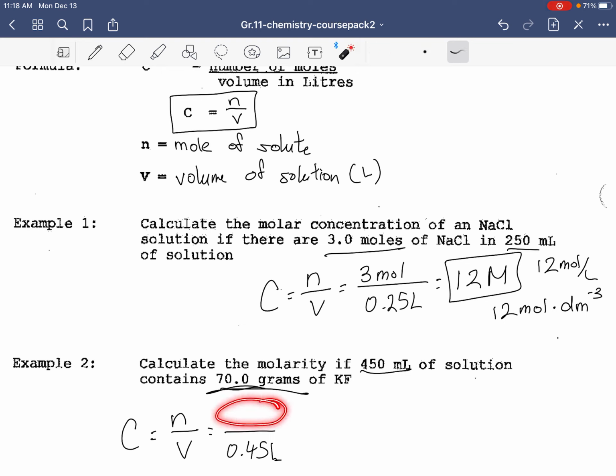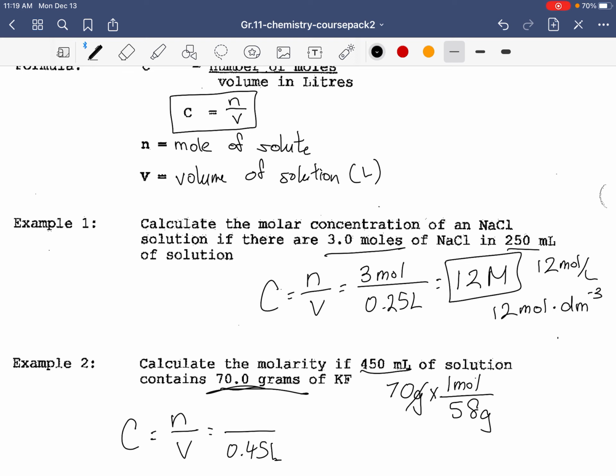This is moles. Which means I'm not going to put 70 here, am I? No, man, that will be ridiculous. I'm going to have to somehow change 70 to moles. How? I remember somebody told me something about molar mass. So 70 grams, I'm going to change that to moles. To do that, I need to divide by the molar mass of KF. And the molar mass of KF is 58 grams per mole.